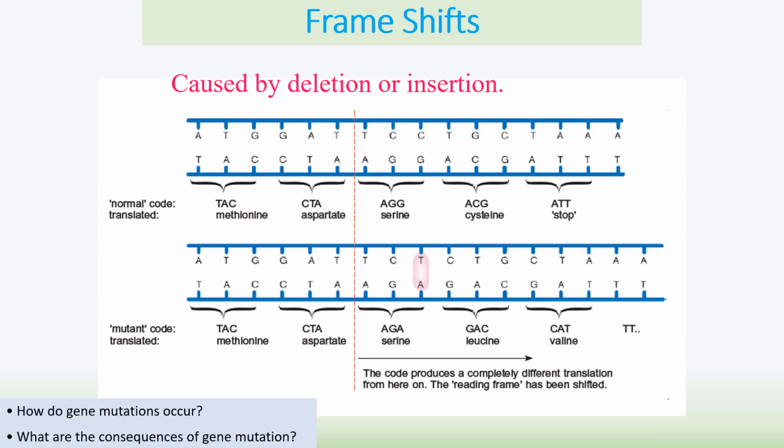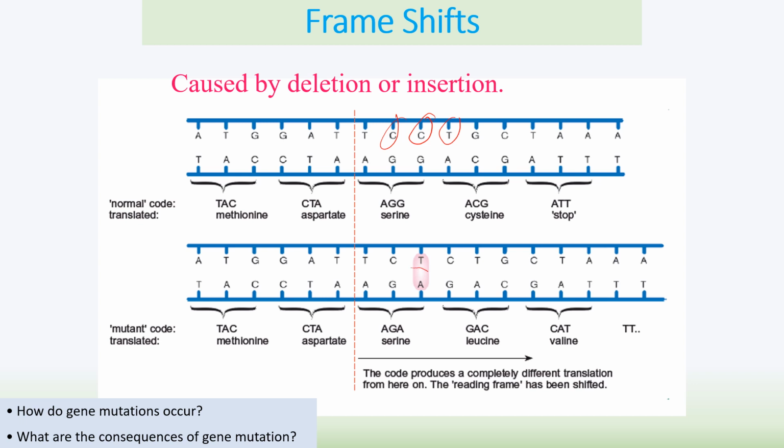So a frame shift then is something where one change can cause a big shift in the DNA because you're removing a letter. It can be caused by deletion or insertion. So here you can see we've got CCT, but here we've introduced an extra T in there.